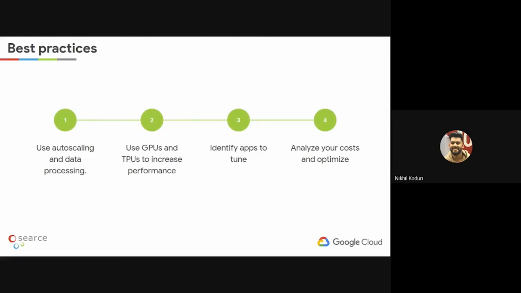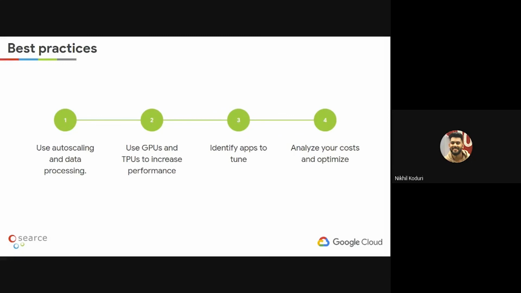So the best practice again is to use auto scaling and data processing, which helps you use your application more effectively. You're not over provisioning or under provisioning any kind of resource. Hence, you're saving costs as well as scaling in a much more significant fashion. Next, you have to use GPUs and TPUs to increase your application performance.